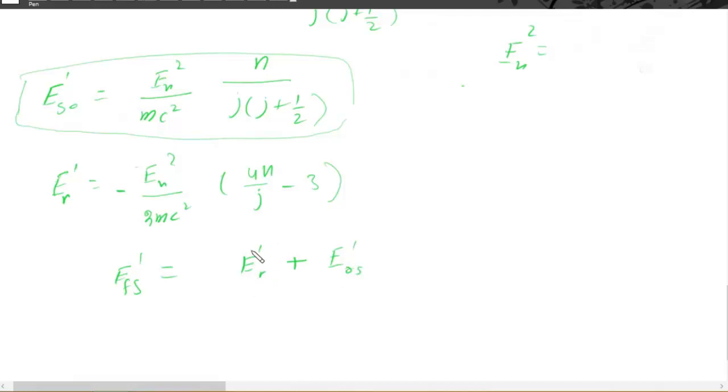This is the relativistic one, and this is the spin orbit coupling, because the fine structure consists of two terms, the relativistic correction and the spin orbit correction. So this is the sum of the two corrections, the fine structure constant.